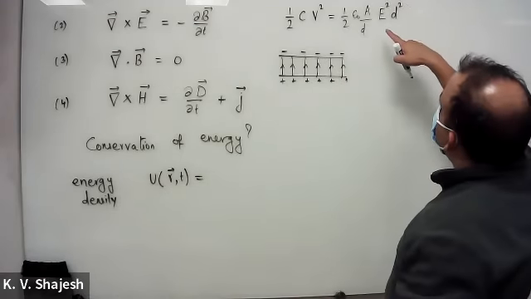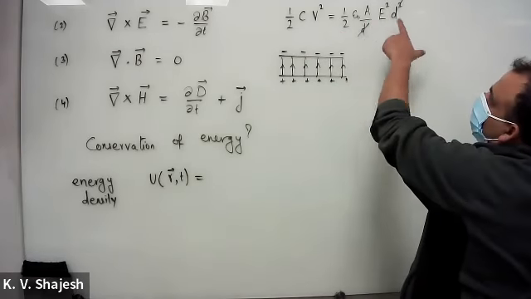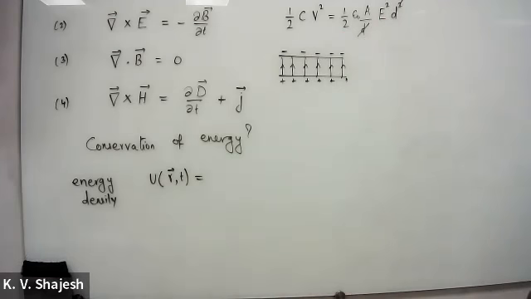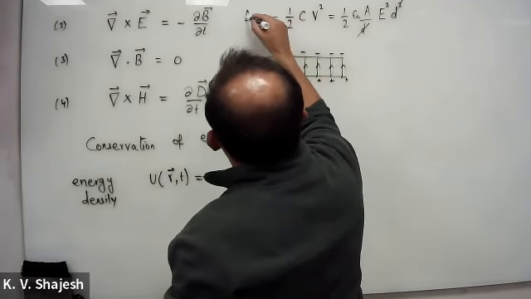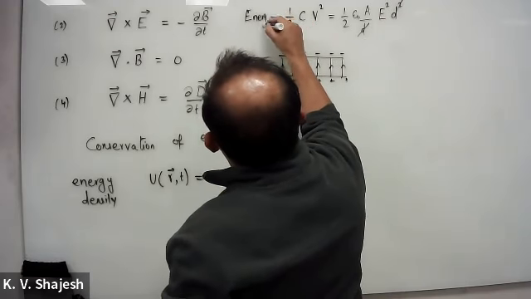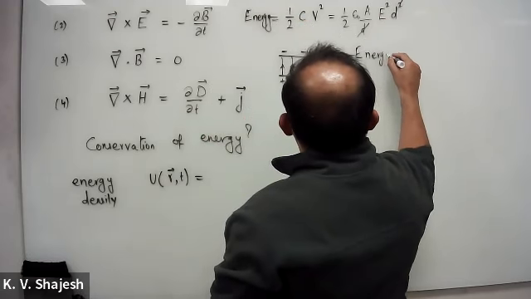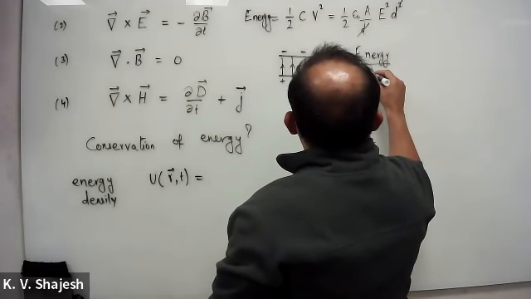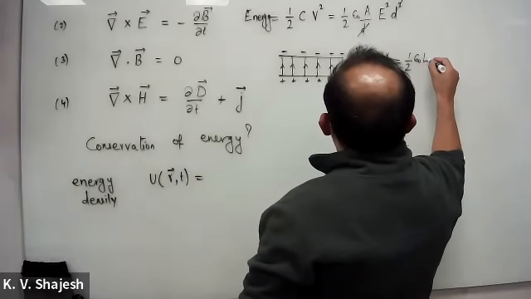And one of the D's cancels out. A times D is volume, so whatever this is, it is total energy. So the energy per unit volume is half epsilon naught E squared.